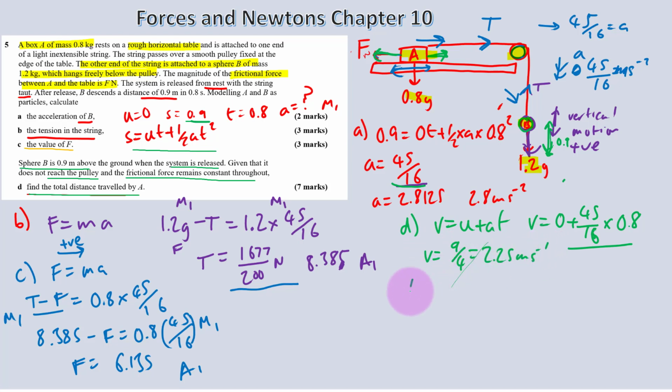Now we can use F equals ma again. Now we can use this at A. So we've got minus F equals 0.8, that's the mass of A, because we're talking about this body. And we know that F, the frictional force, is what we have here.